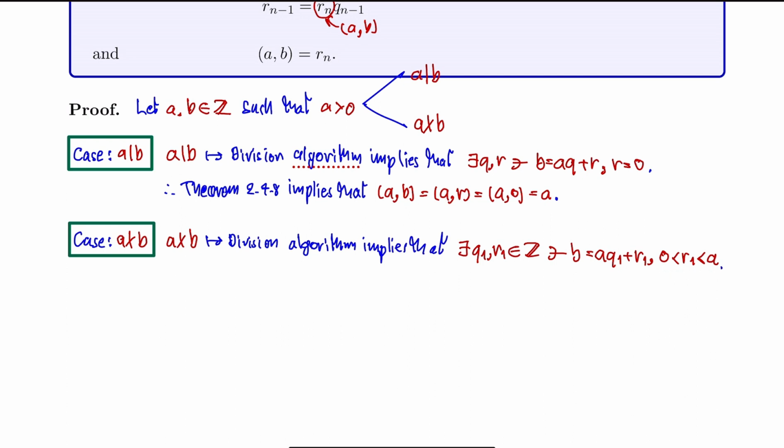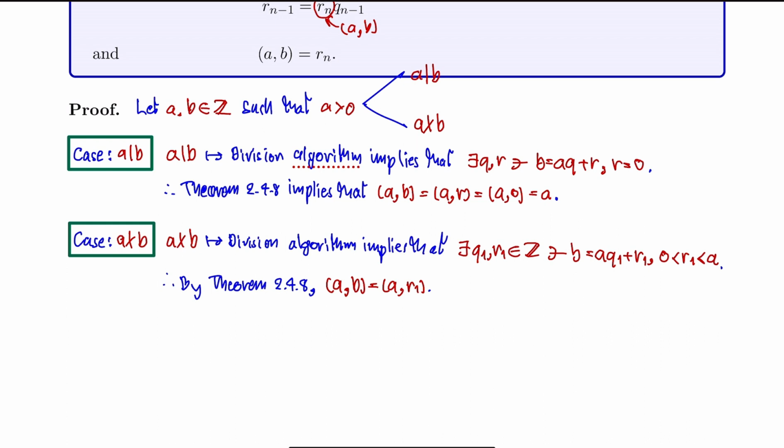So by theorem 2.4.8, what do we have? We're gonna have the greatest common divisor of A and B equal the greatest common divisor of A and R1. Okay, this is what we have right now. And then what next? What can we do next?